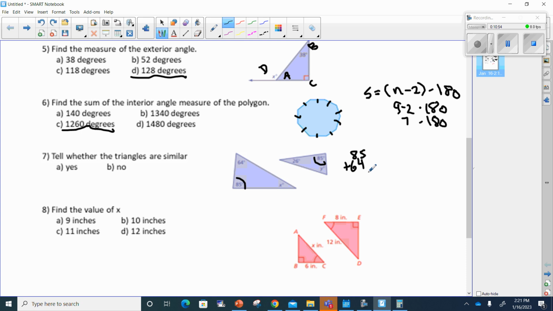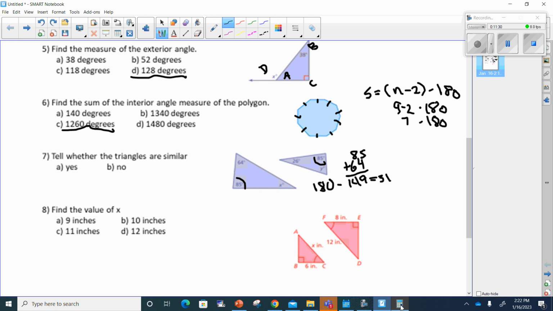Add them together, and now I've got to subtract this from 180 to find out what the third angle will be. It looks like 31. I got 64 and 85, I added them together, and I subtract from 180.